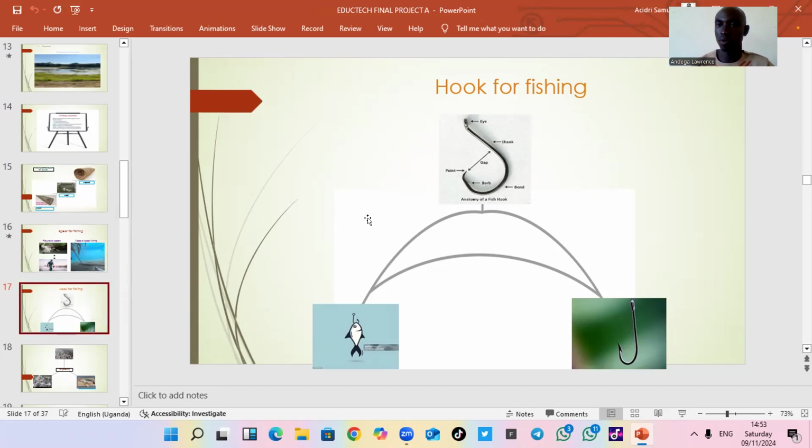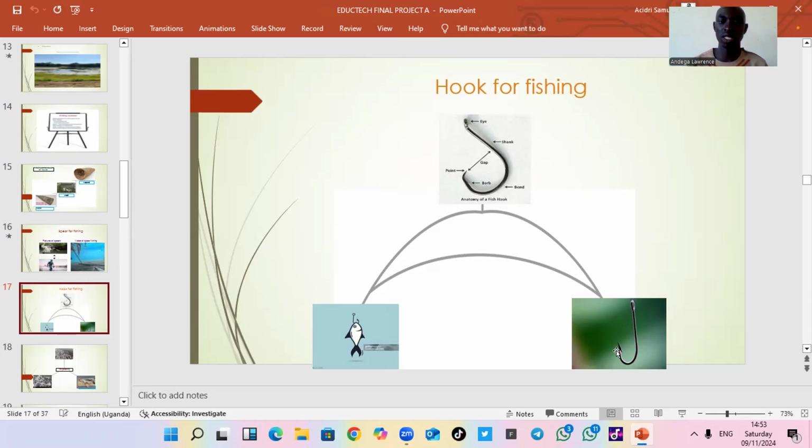So another traditional method of fishing is making use of hooks. These are used for fishing and they always have sharp-pointed tips. You can see here. Baits are always used with the help of the hooks to catch fish.